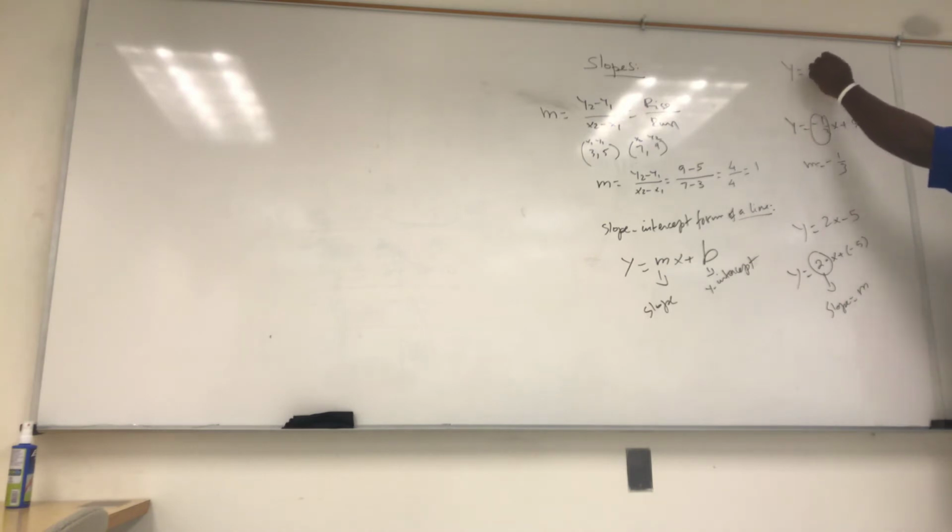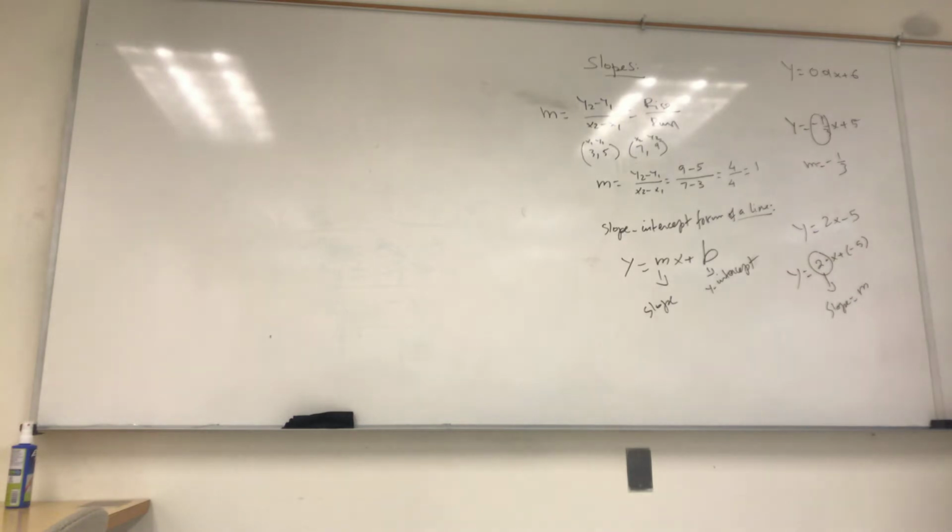What about this? y equals 0.01x plus 6. What's the slope? 0.01. The slope is always before the x. m. Okay, so that's the slope every time. If they give you this, it's probably the easiest way to find the slope. You just look at the number before the x.